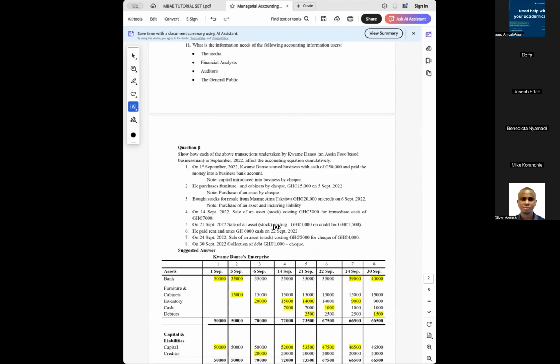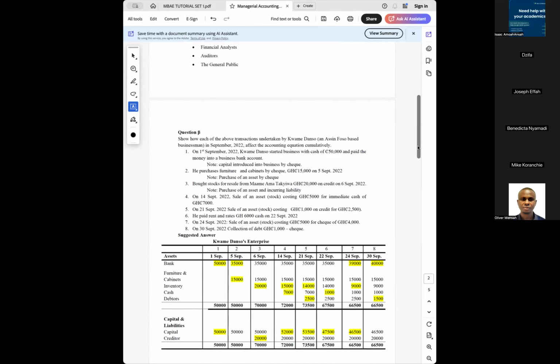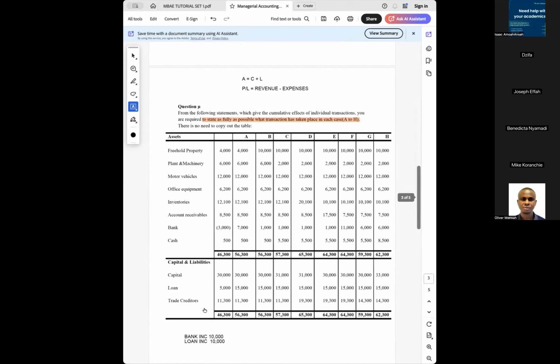In trying to write a transaction, we are not going to interpret the effect. We're not going to interpret what has increased and what has decreased. We are just trying to keep the transaction as simple as possible, something similar to what we have here. These are transactions.